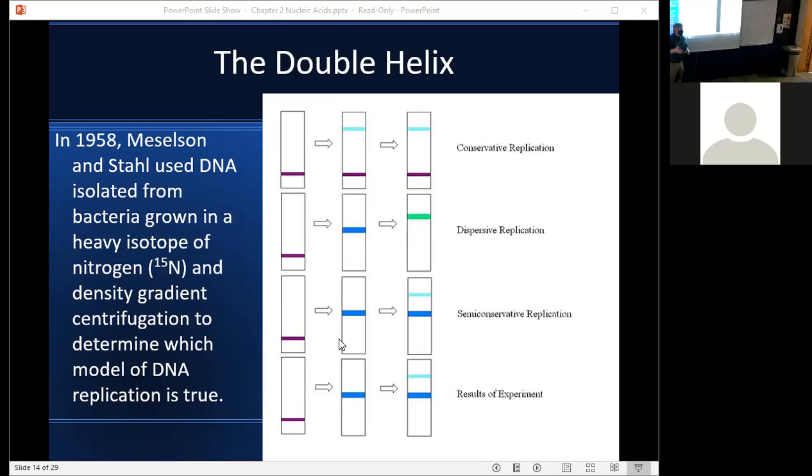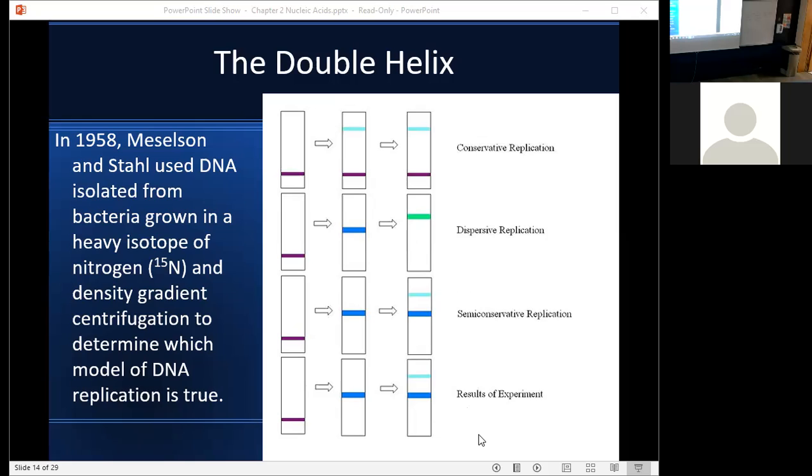After another round of replication, we're still going to have one labeled strand, one unlabeled strand, but we're going to have more unlabeled DNA as well. So after one round, we expect a band of hybrid DNA molecules. After another round, we're still going to have some hybrid molecules, and we're going to have some DNA molecules that are entirely made out of the light unlabeled DNA.